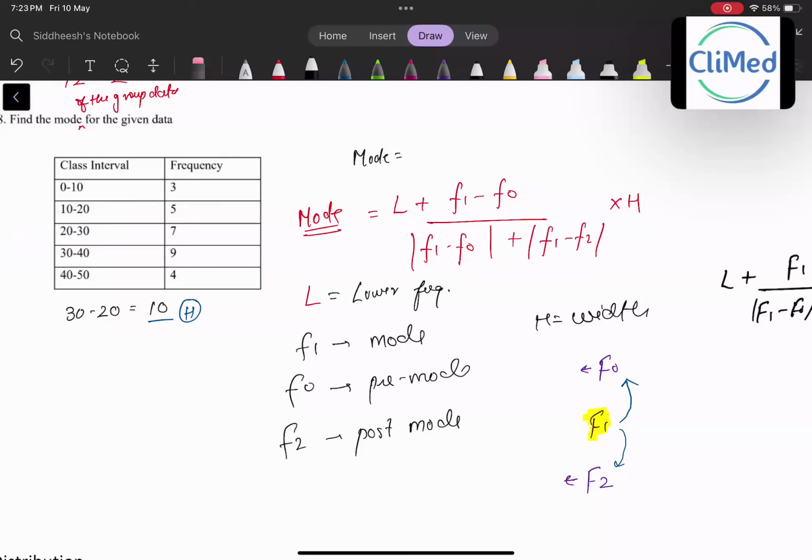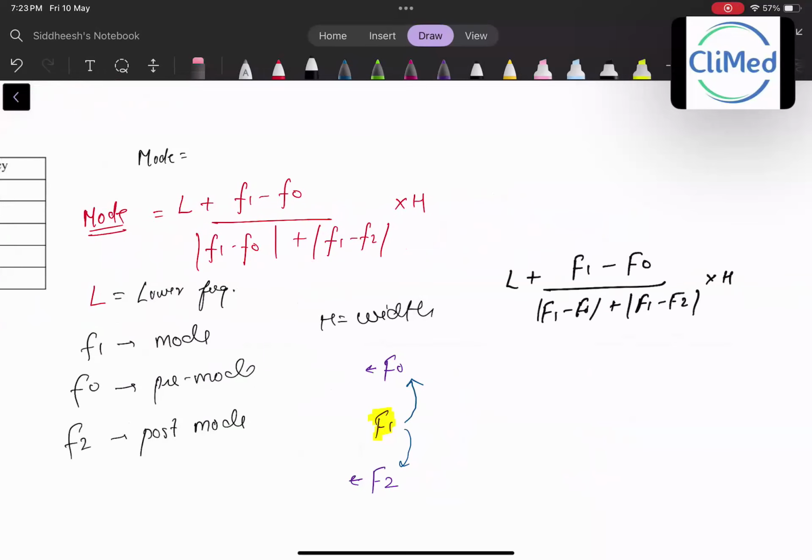If you are happy with that formula, you can completely go with it, there is no issue. But with my lectures and my book, I follow this formula. It is much better because we need to remember the formula in the exam. I don't think you might be able to remember 2F1 minus F0 minus F2 for the exam. It's totally up to you, not a hard and fast rule.